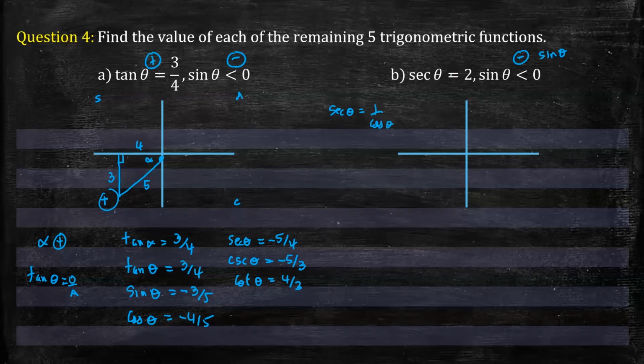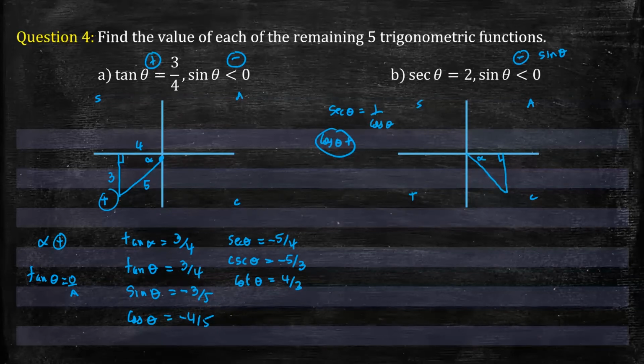And if sec theta is positive, then cos theta is also positive. So let's label our diagram CAST. So where is cos positive and sine negative? That's going to be down in this quadrant here. And we'll make a triangle there and we'll write alpha in here for our basic angle.